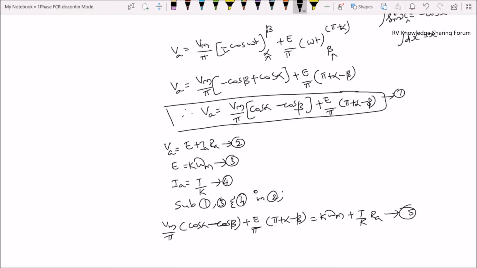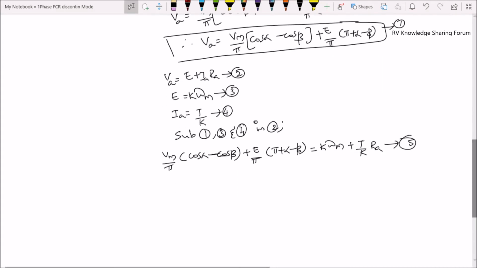Okay, now again in this equation 5 you have to substitute E is equal to K into omega m, right? Here this also has to be changed into the terms of speed.